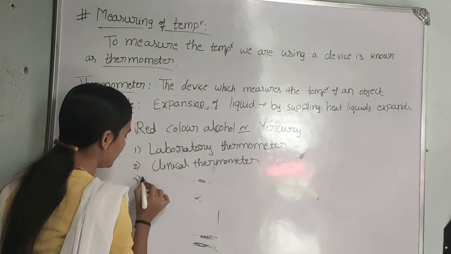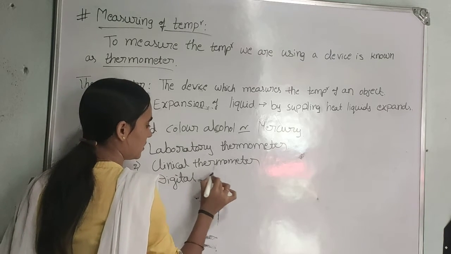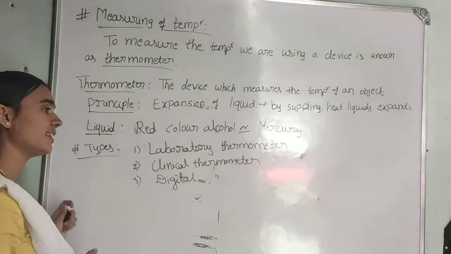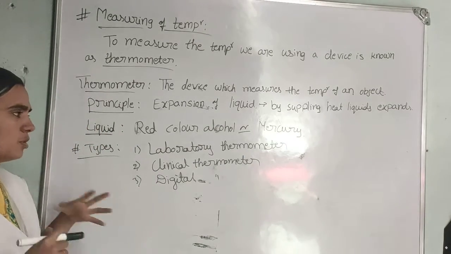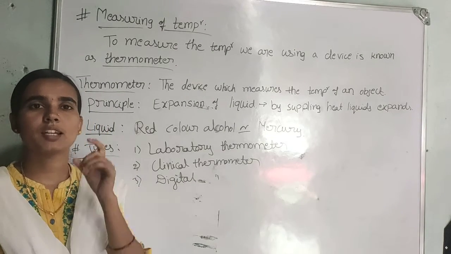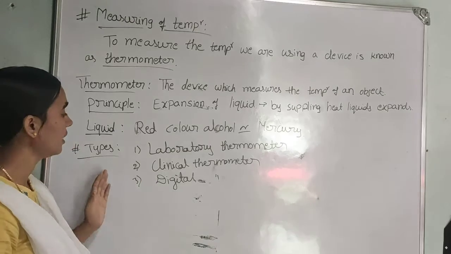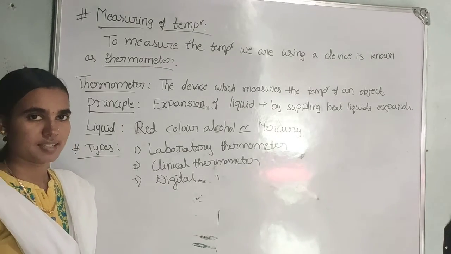And the third one is the digital thermometer. So these are the three thermometers which we are going to observe commonly. Many types of thermometers are there, but we are going to discuss only three types of thermometers for our sections.